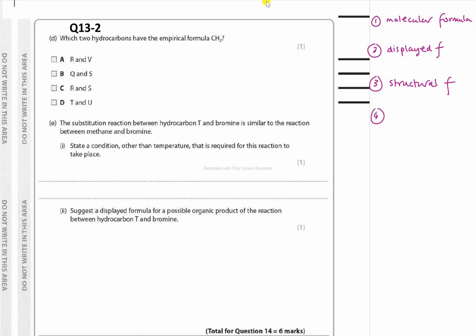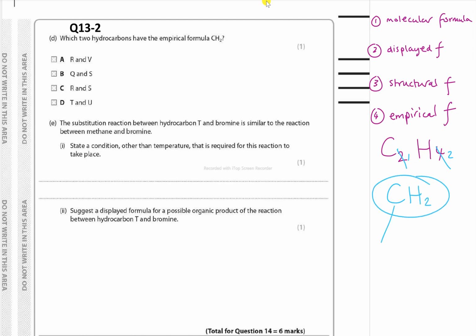And then finally, you've got something called an empirical formula. This basically is where if you've got something like this, I know I can cancel them two down, divide them both by 2, and I end up with CH2. The empirical formula is CH2. So for every 1 carbon atom, I have 2 hydrogen atoms. Right, CH2.